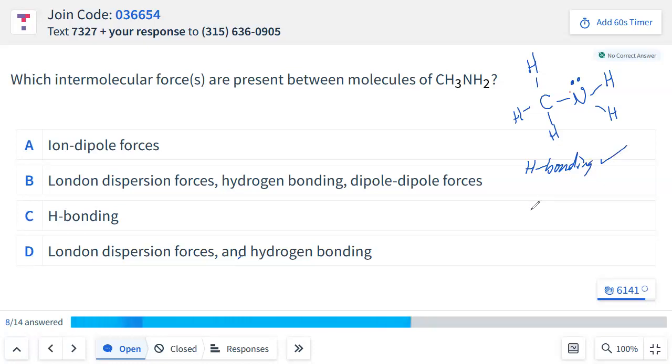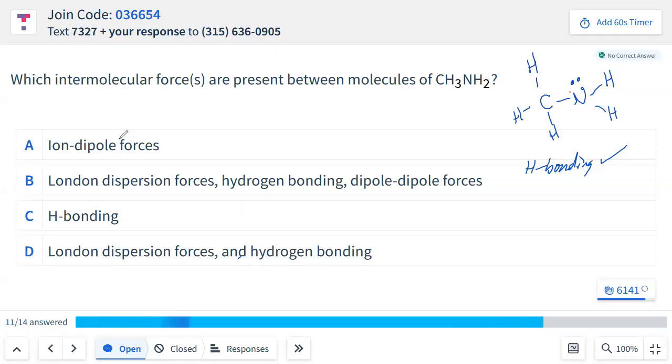Well, we already know from the last slide that we matched it up with hydrogen bonding, so we know it has hydrogen bonding there. The question is, is hydrogen bonding the only force present inside of the methylamine? And the answer there is no.